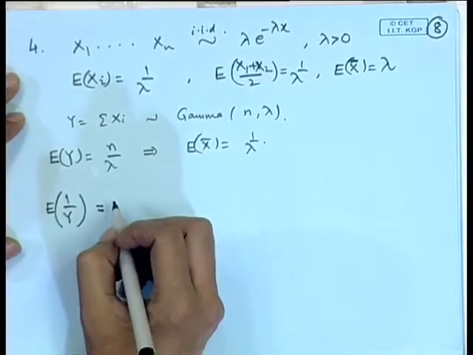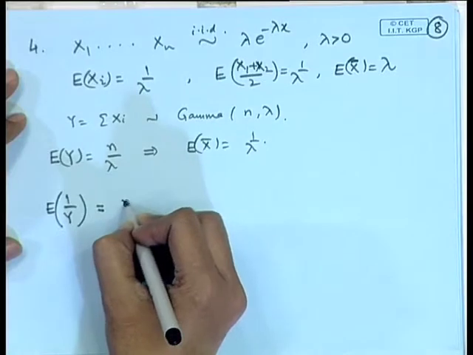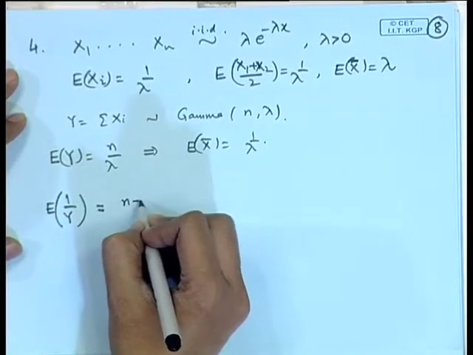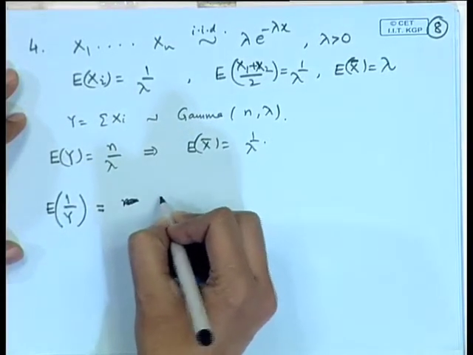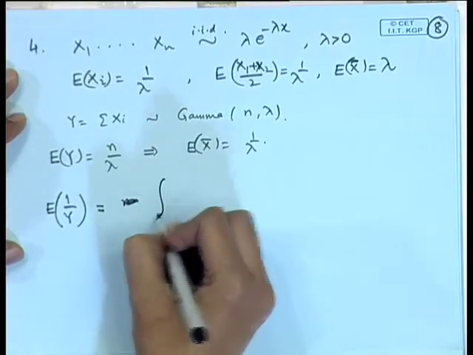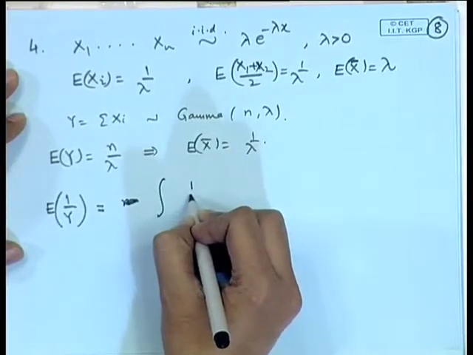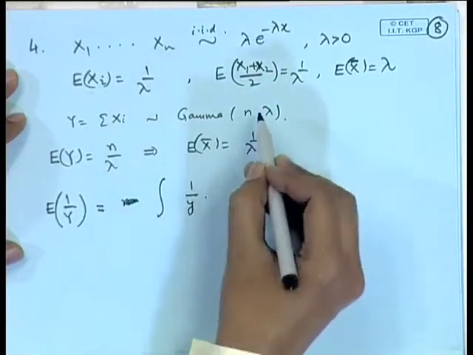Then one can show that actually it is equal to n minus... So, one may look at the distribution of 1 by y. Now, this is gamma n lambda.